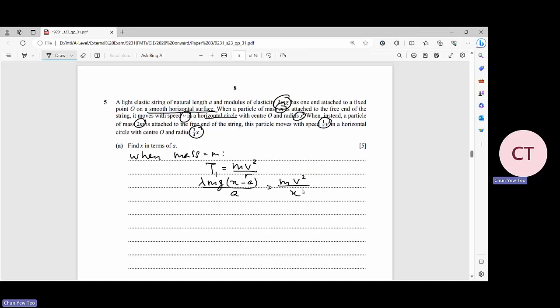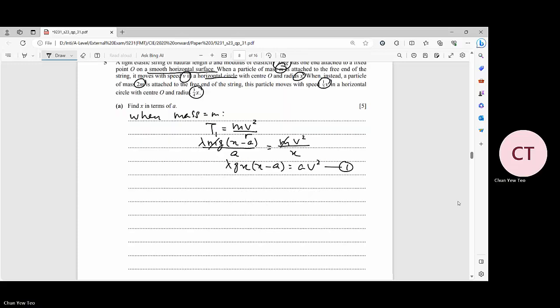The radius is x. Okay, so we can cancel this. Then cross multiply, you get lambda gx times x minus a is equal to av squared. That is equation number 1.